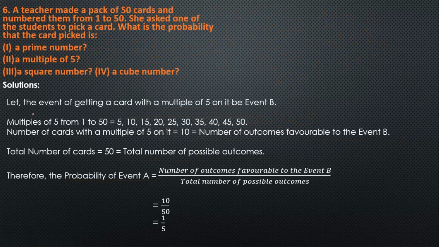Next one, a multiple of 5. Let the event of getting a card with a multiple of 5 on it be event B. So multiples of 5 from 1 to 50 are 5, 10, 15. As I have already told you, this is a total of 10 multiples. So there are 10 different cards with these numbers.